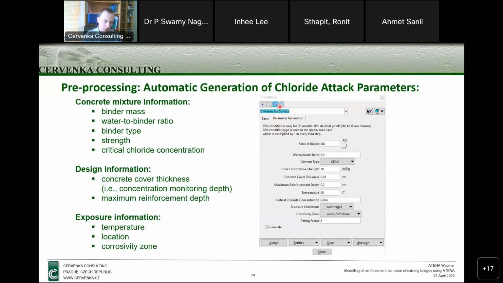So if you use the chloride attack boundary condition, or as we call it, chloride for surface, you have this parameter generation tab, where you input the basic parameters about your concrete mixture, about the exposure at the site, and about the, let's say, position of the reinforcement in the model, and clicking here on the generate button, the GID automatically generates the material properties for you.